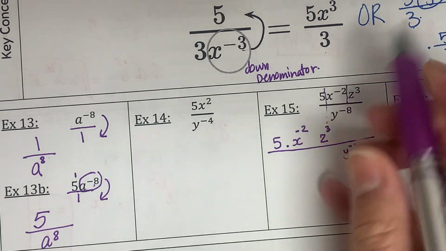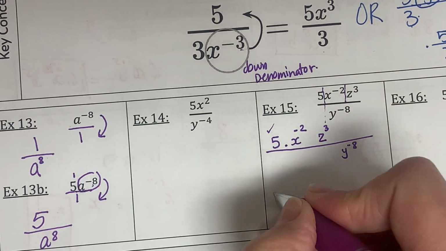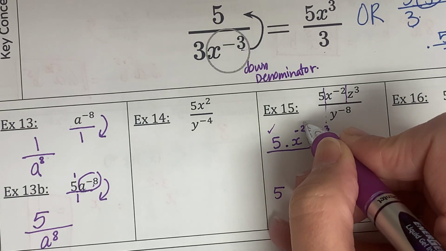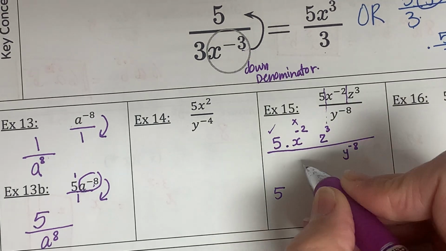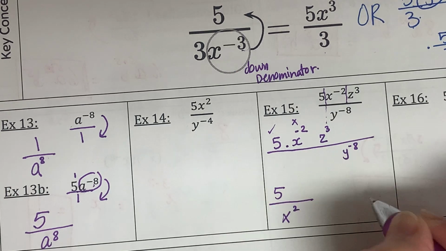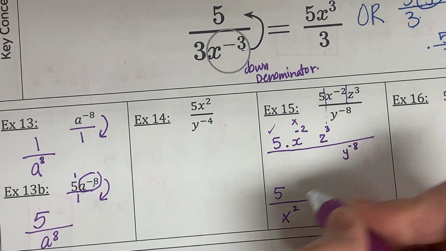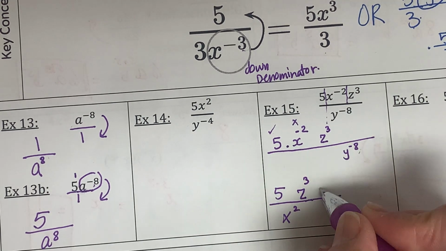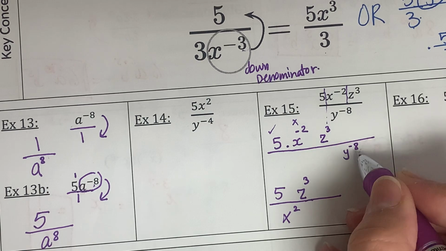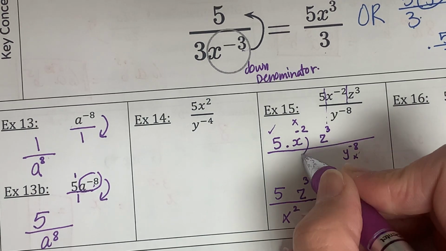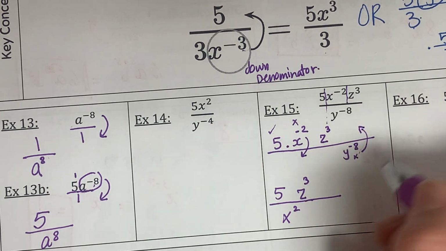So 5 is a positive exponent, it stays there. X is a negative exponent, it needs to go down. Z cube, positive exponent, stays up. Y -8, negative exponent, is down, so this needs to go up. So this needs to come down, and this needs to go up.